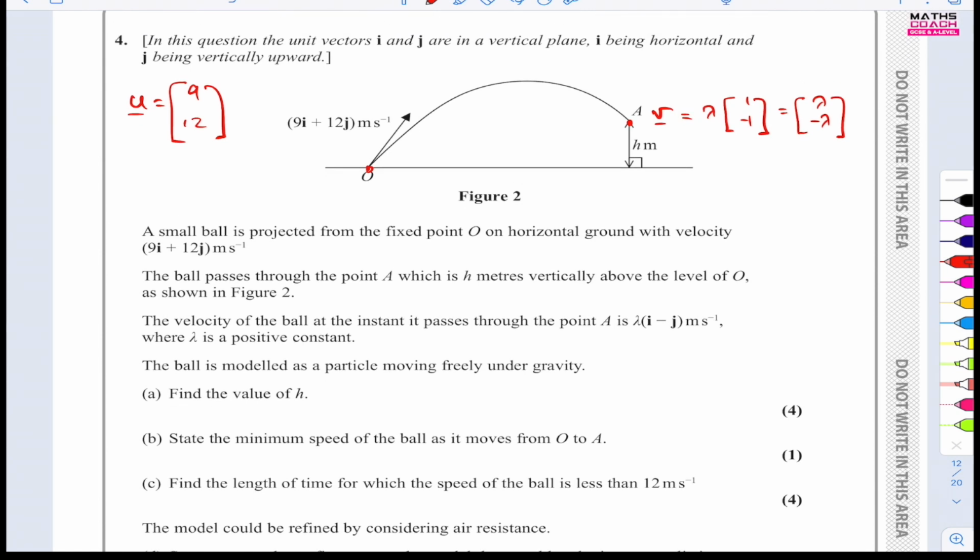Okay, so to find what the height is, the time it takes to travel vertically to that height would be the same as the time it takes to travel horizontally. But we're not given any displacement, so I'm not going to use any displacement equation because we don't have any distances given. We have the initial speed and we have the final speed.